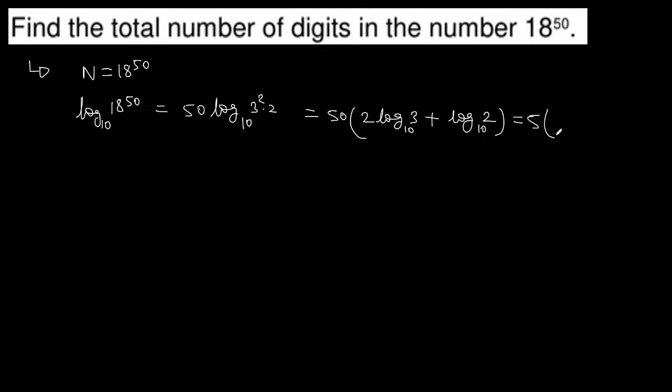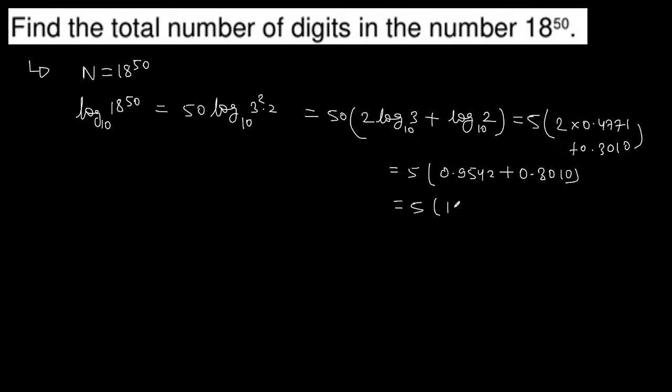This is 50 times 2.4771 plus 0.3010. Now let's calculate. This is 5.9542 plus 0.3010, which is 1.2552.